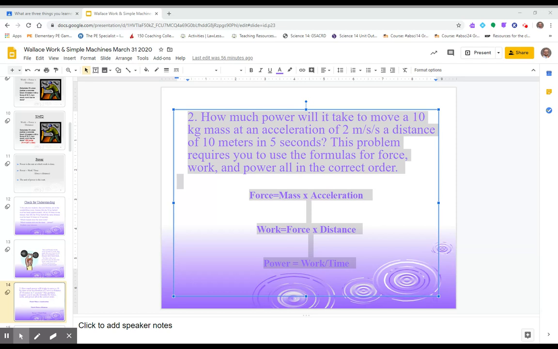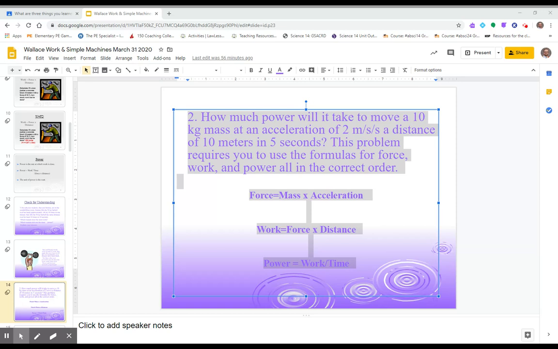Now that I have joules, that value will go down into there, just like how force we could use here. And then my last step is power. Power is work over time. And my work is what? Right, 200 joules.